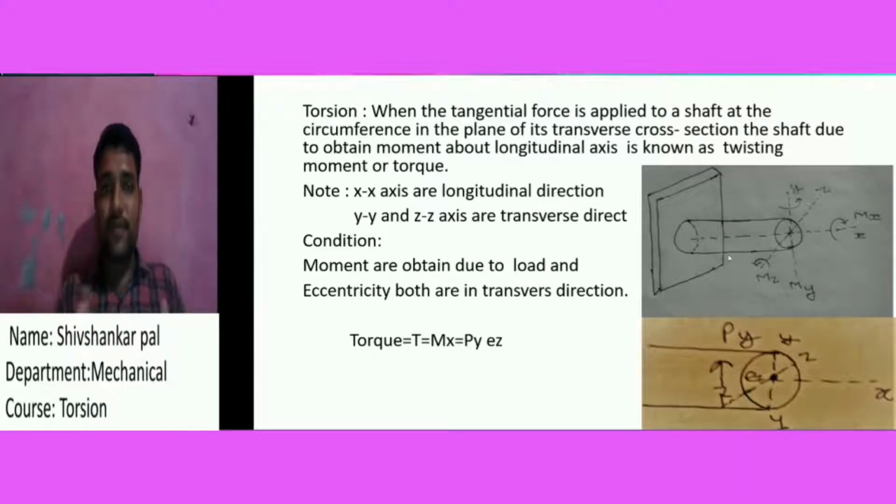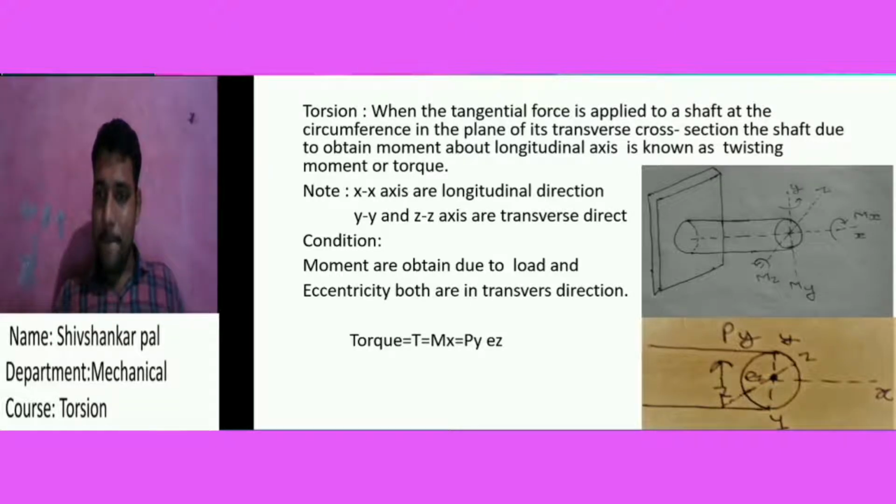Our first task is to find out what the longitudinal axis is and what the transverse cross-section is. I will write in the note that the x-axis is the longitudinal axis, and the y and z axes are our transverse directions.